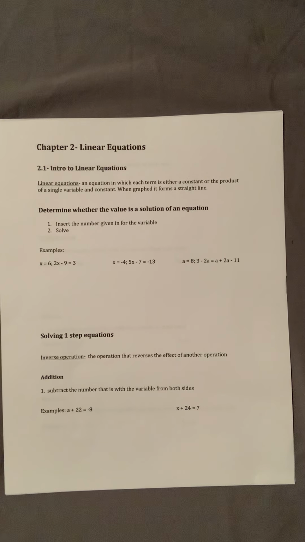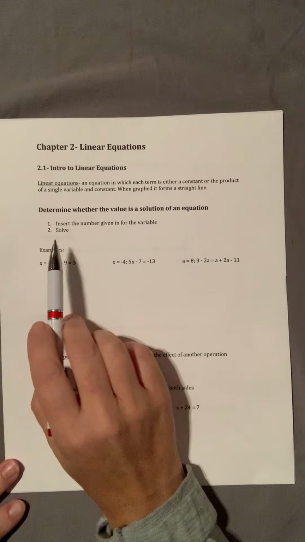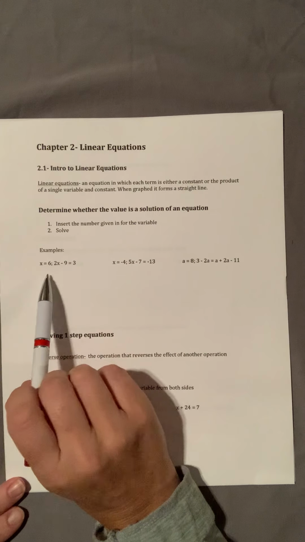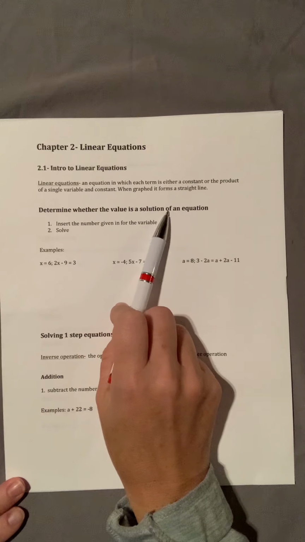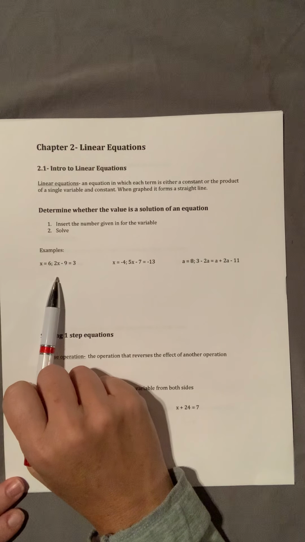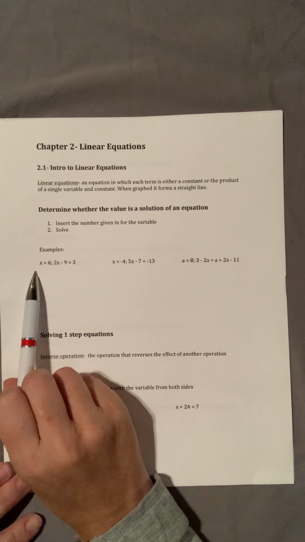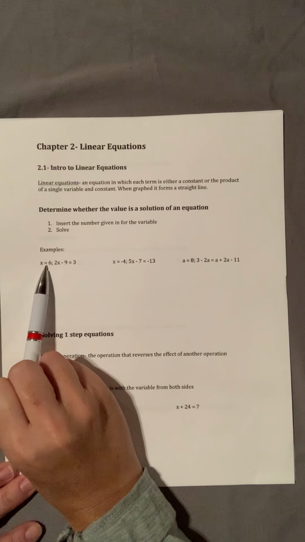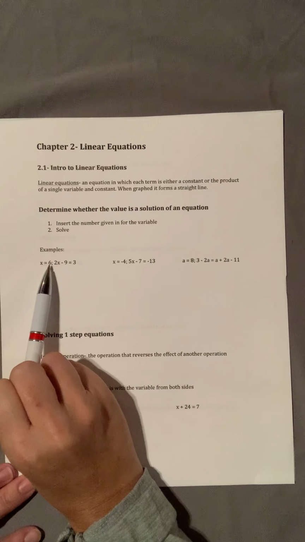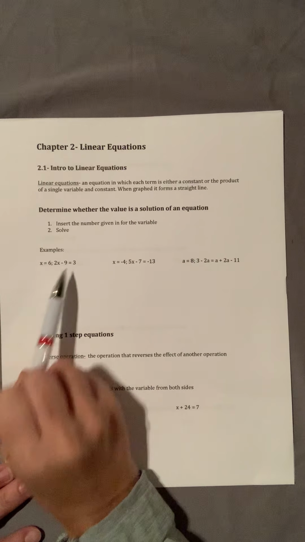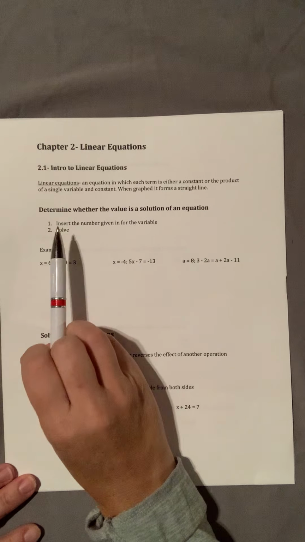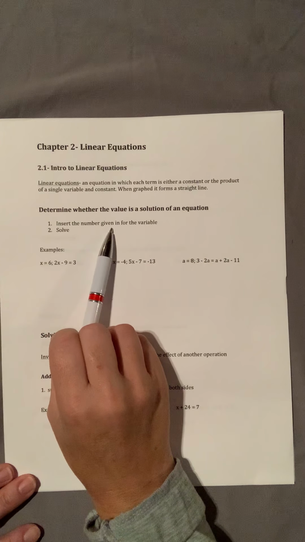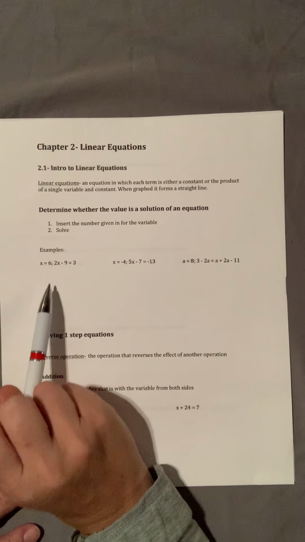So the first thing we're going to do is determine whether the value that they give you is a solution of an equation. So example 1 here, they want to know if x is equal to 6, does this value make this statement true? So number 1, insert the number given in for that variable.